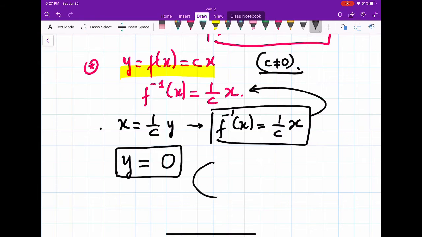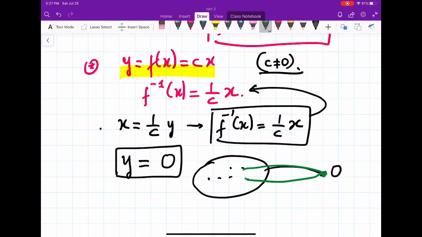That means you send every point x into one position, 0. But in that situation, when you go back, every point goes to just one point, and you want to go back. You don't know how to decide. You cannot decide whether you go from this 0 to this point, or to this point, or to this point. There's no way to do that.